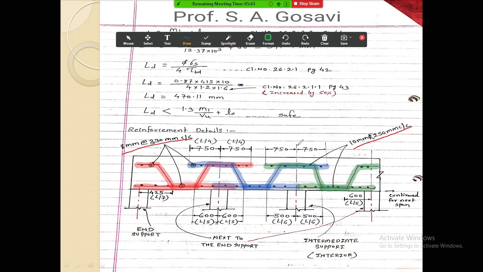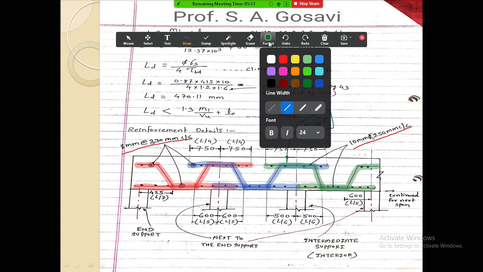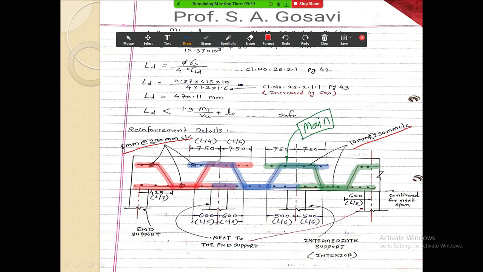Whatever we have shown over here, these are your main steel bars. And these small bars which are provided over here, the dots, are your distribution steel, what we have calculated.